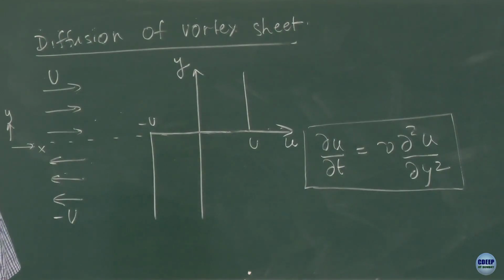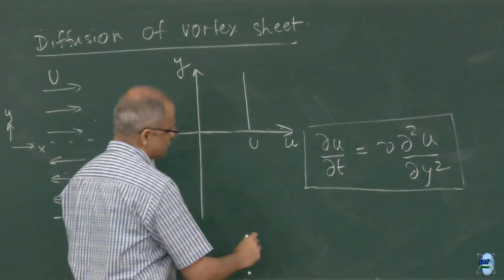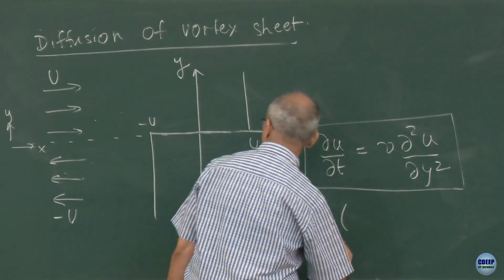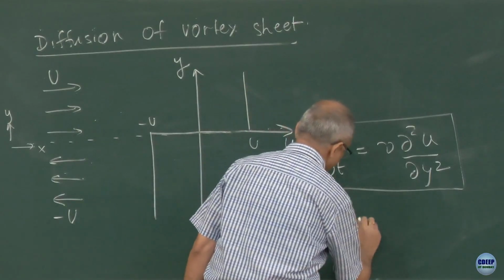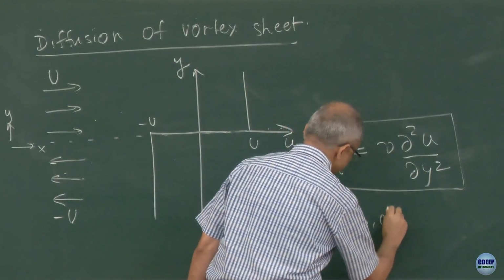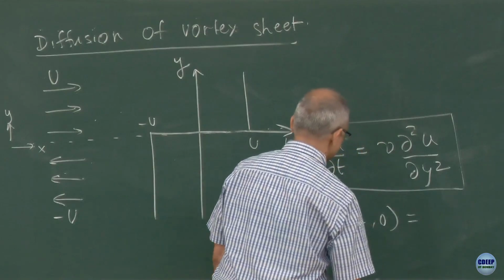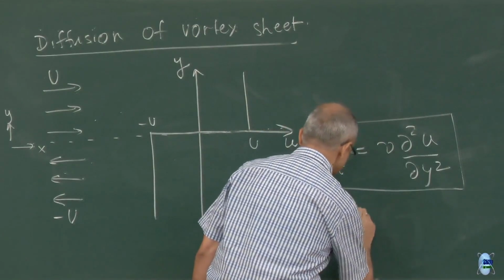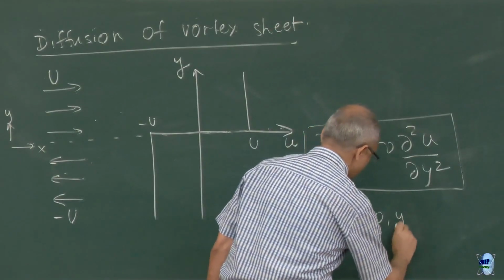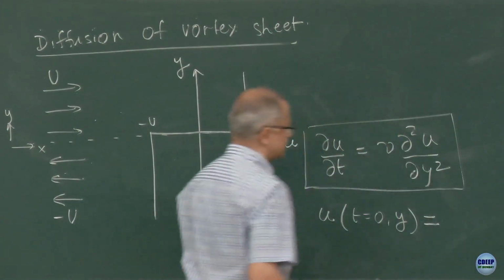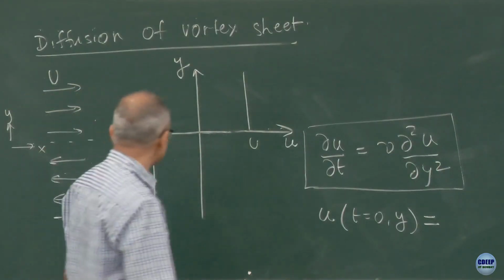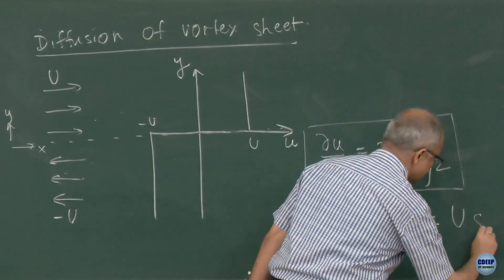So the initial condition that we are going to use is u at t is equal to 0 and all y. You can just write it as capital U times sign of y.